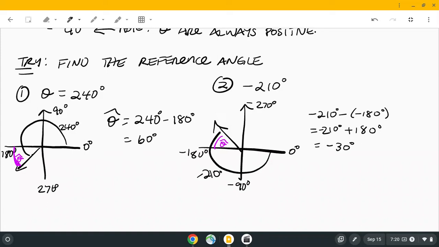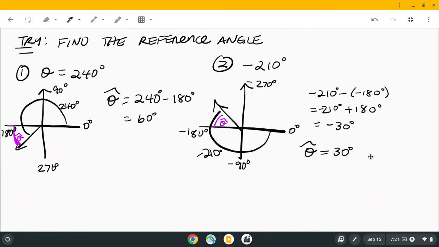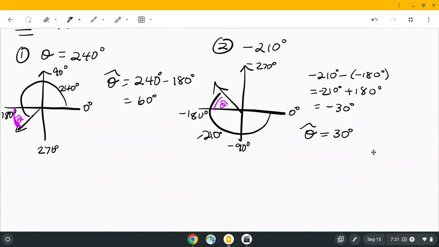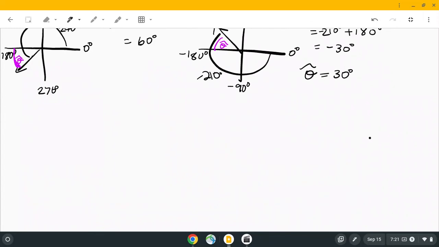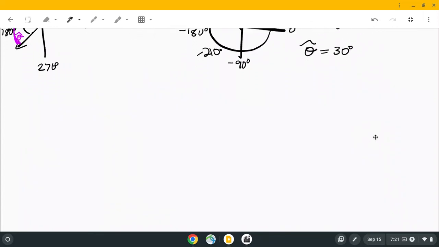Okay, but we want the positive outcome, so now I'm going to say theta hat equals positive 30, and that is something that you guys have memorized as well. And so you would be able to find all 6 trig functions of negative 210 degrees. Again, we are not quite there yet, so let's just focus on how to find the reference angle.